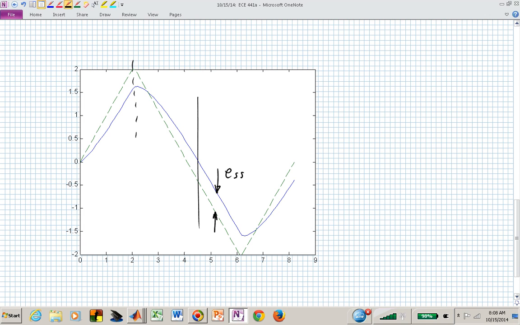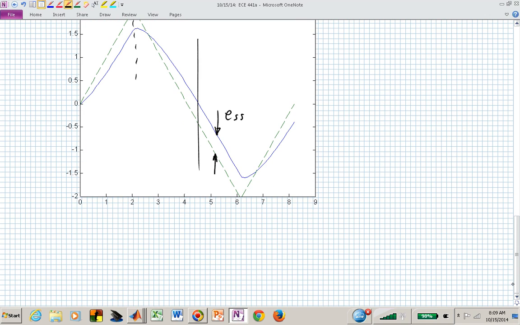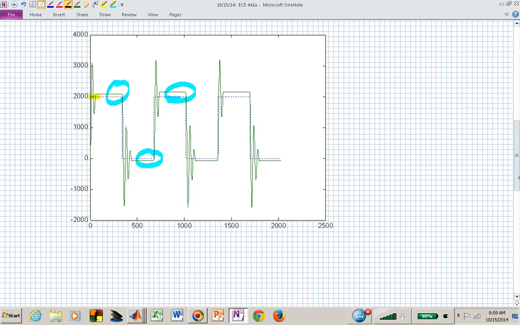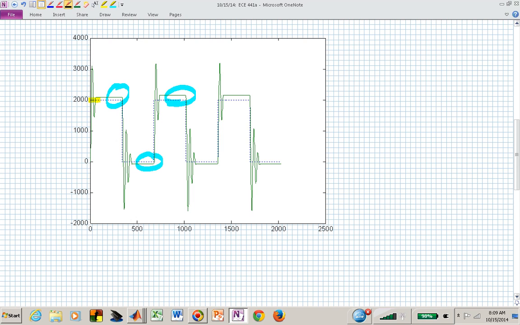Now, what assumptions were we making in coming up with those steady state error values? What's the key? Well, this is maybe a vague question, but what is definitely happening in both of those cases?